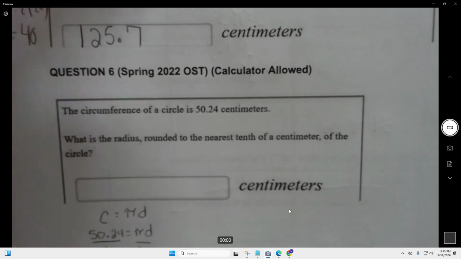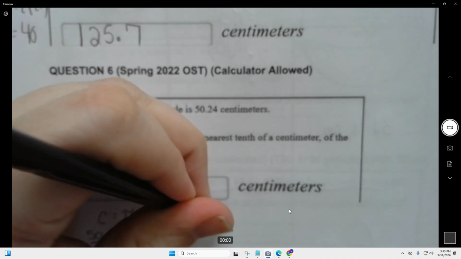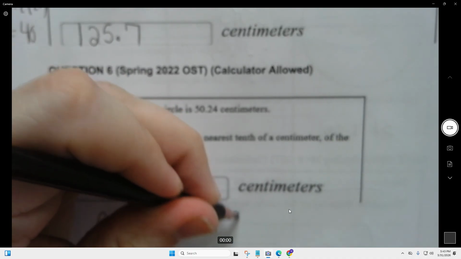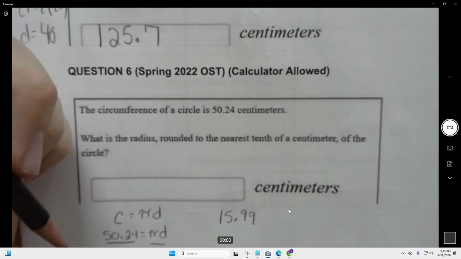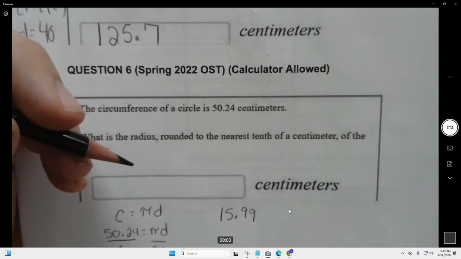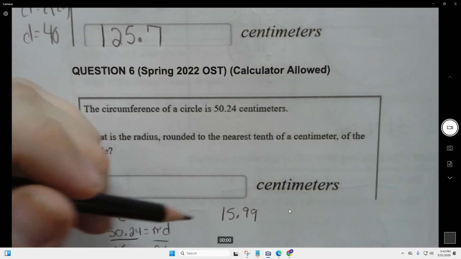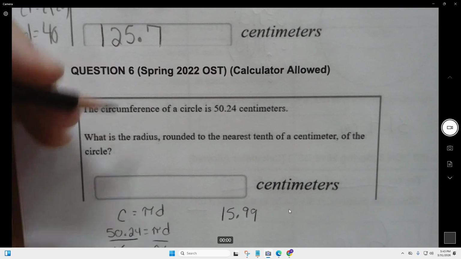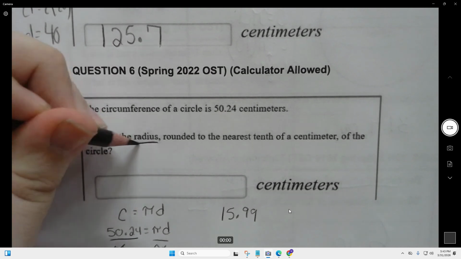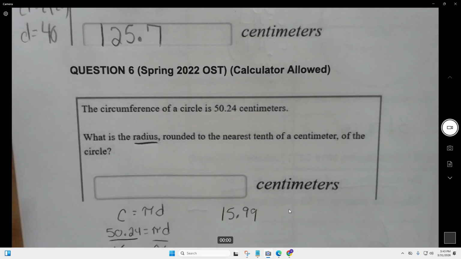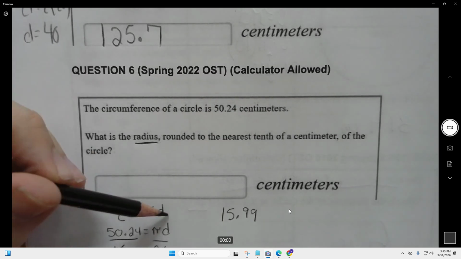Whoops, let me move the camera down. All right, write this over here. Now, here's the problem. What is the question asking? What is the radius? Again, the circumference works with diameter.